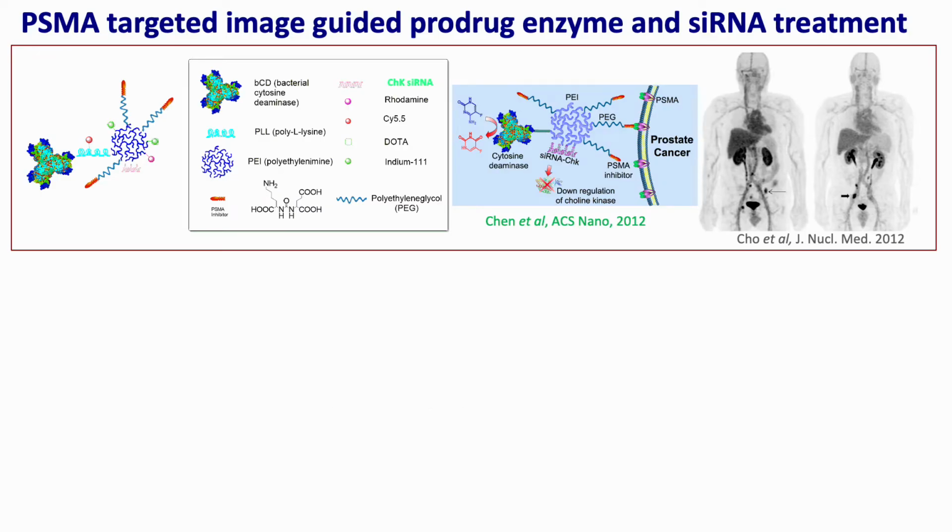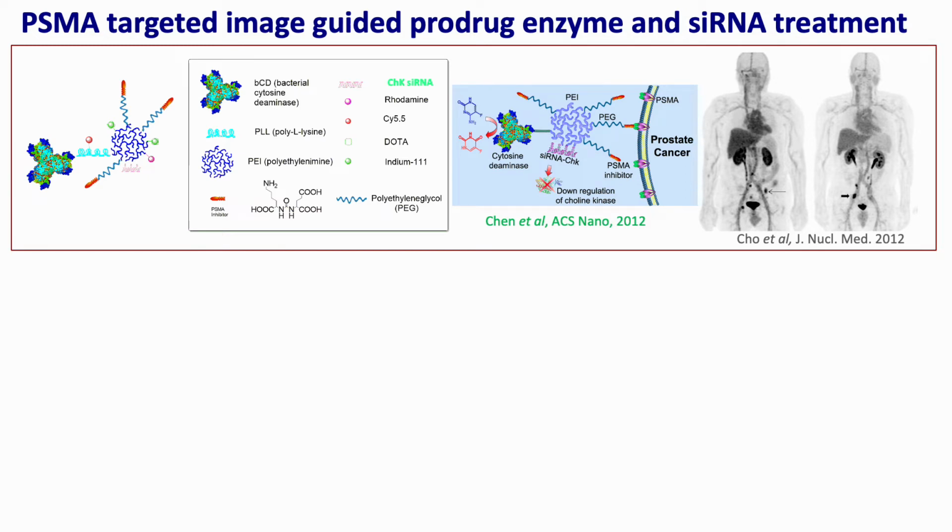So I'd like to start with this first example, which is targeting the prostate-specific membrane antigen. As I mentioned before, PSMA is expressed by castrate-resistant metastatic prostate cancer, as shown in these images where you see this clear uptake of this PSMA imaging agent by these metastatic nodules.